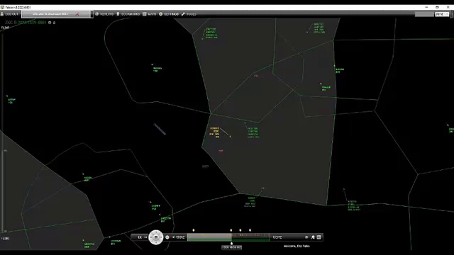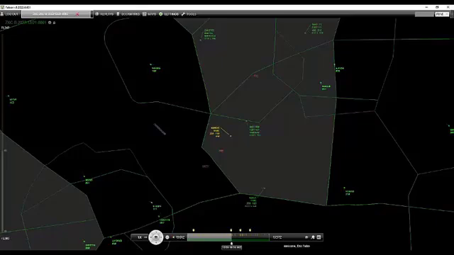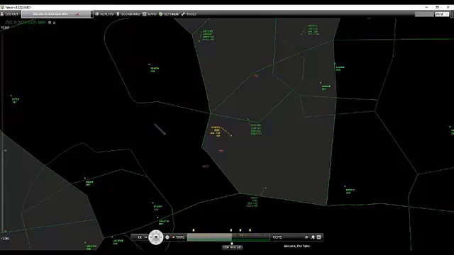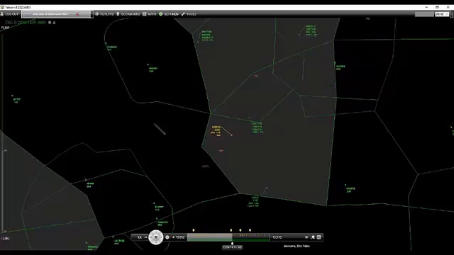Kansas City Center, 206 Victor Sierra is with you at 3,000 feet on a heading of 040. November 206 Victor Sierra, Kansas City Center. The Forbes altimeter is 3055. Stay in tension. I'm receiving vectors for the ILS approach, and I've just lost the identifier. I'm sorry, I'm having a hard time. I'm in the icing. No worries, November 206 Victor Sierra.